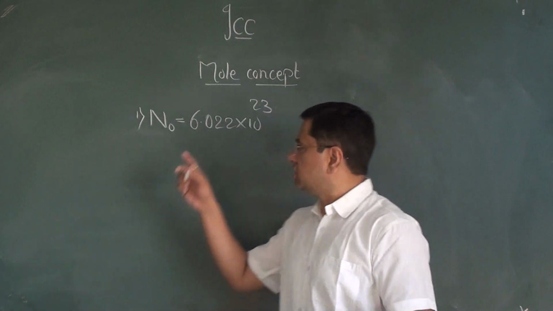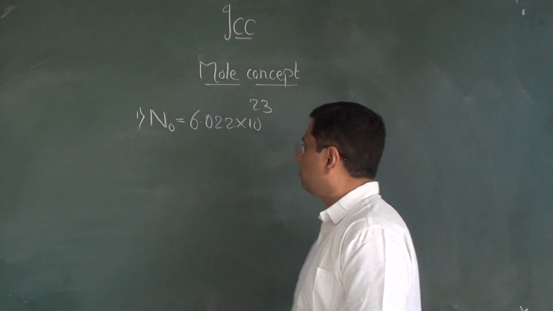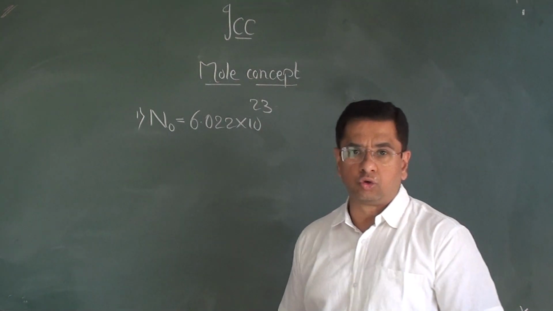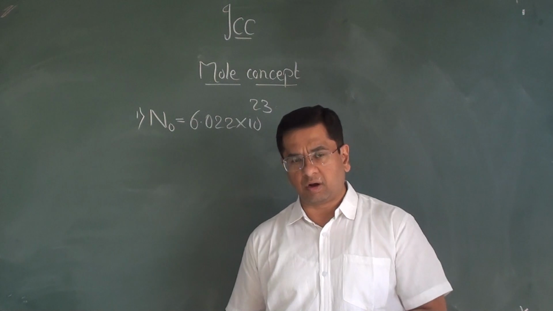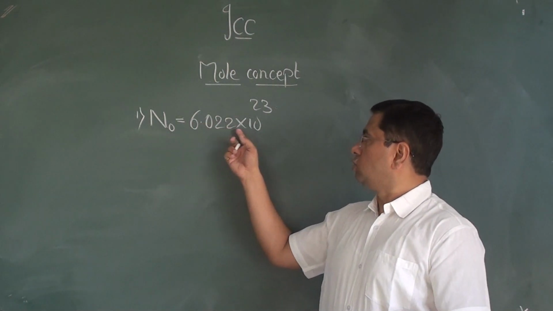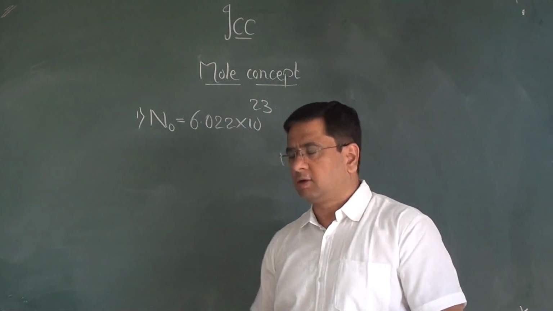In some books it is 6.023 into 10 raised to 23. It hardly makes any difference over here. What is the significance of Avogadro's number, we'll see.